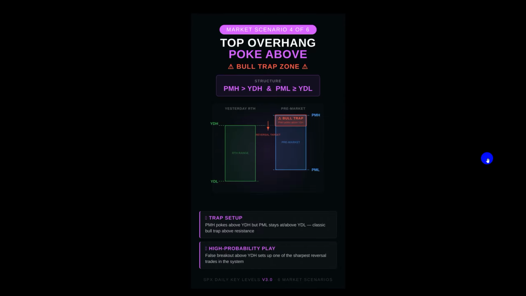This, along with market scenario 5, which we'll go over in a second, is one of the market scenarios where there's a lot of potential traps, reversals. We also have breakout potential. So there's a lot of different things going on with this particular scenario.